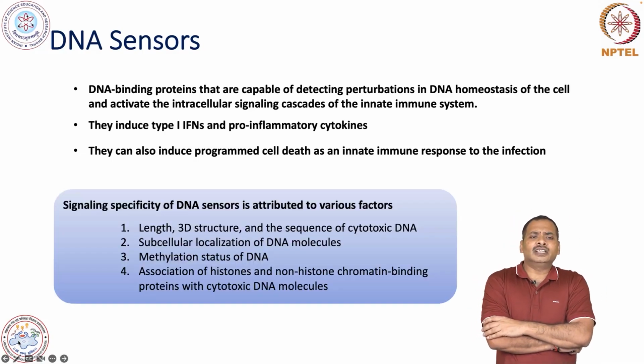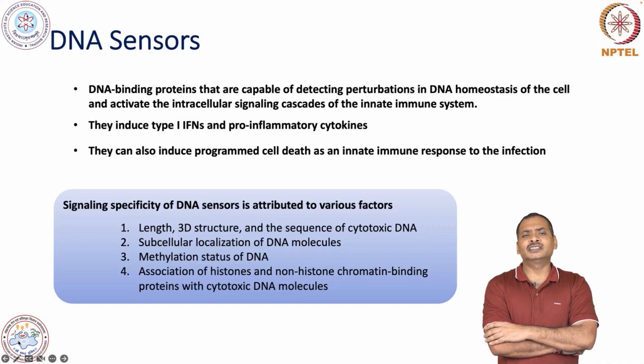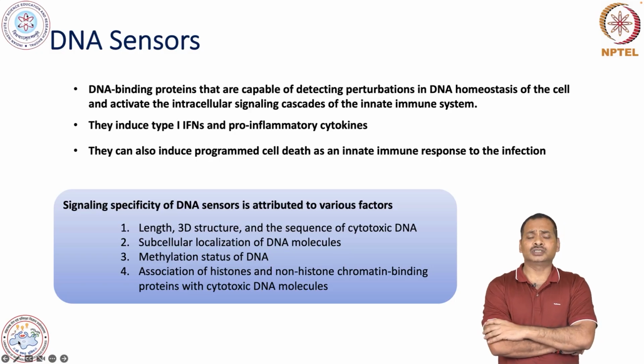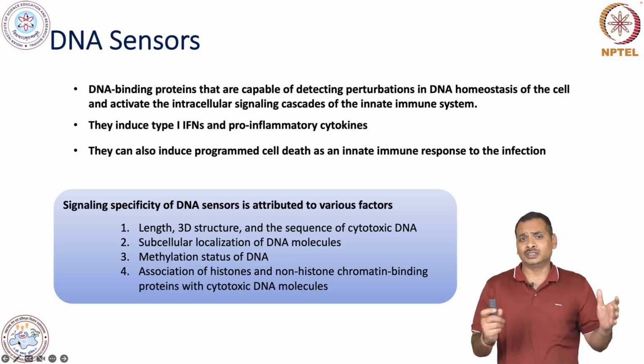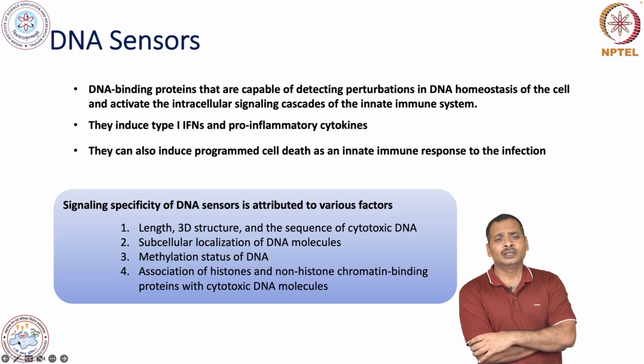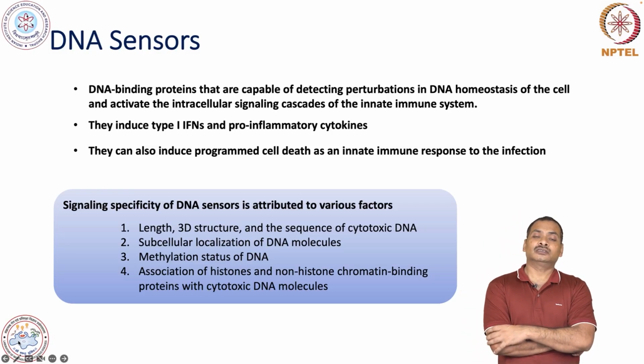So, the signaling specificity of DNA sensors is attributed to various factors, and that includes the length of the DNA molecule in terms of base pairs, and the three-dimensional structure. The three-dimensional structure is very important.